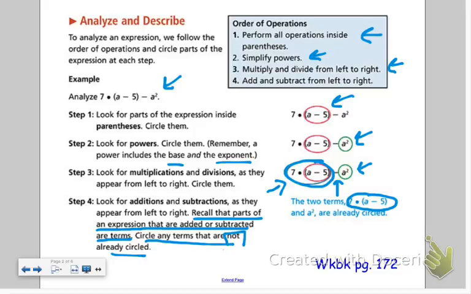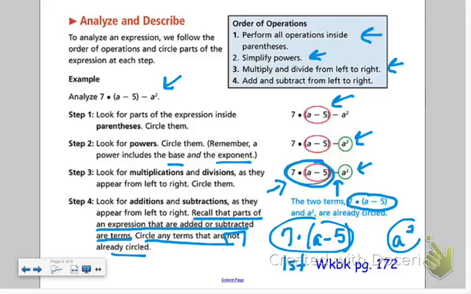I know there's a subtraction sign in the parentheses, but I need to do that subtraction in order to get my multiplication done. Therefore, that whole multiplication of 7 times the difference is one term. So I have 7 times the difference of a and 5. That's my first term. My other term is a to the second power. That's my second term. And they're being separated by a subtraction sign.